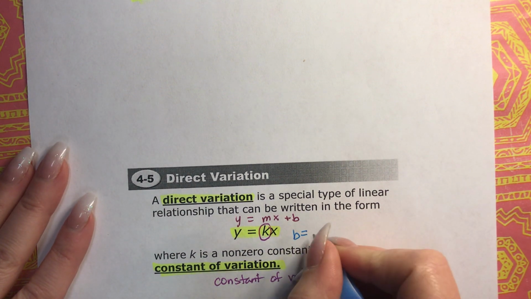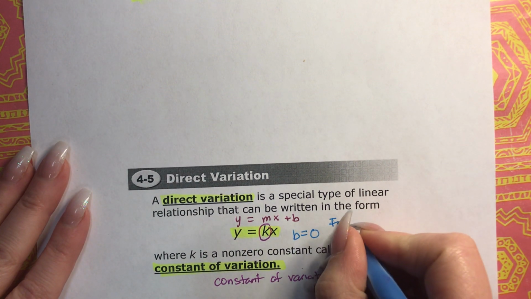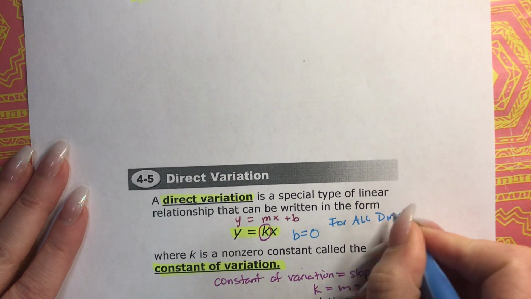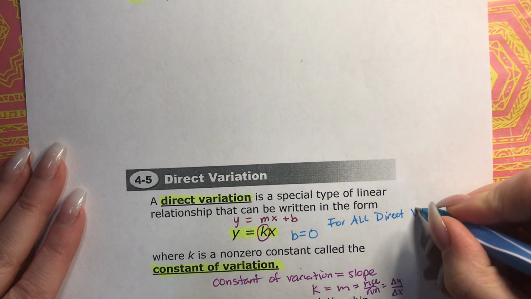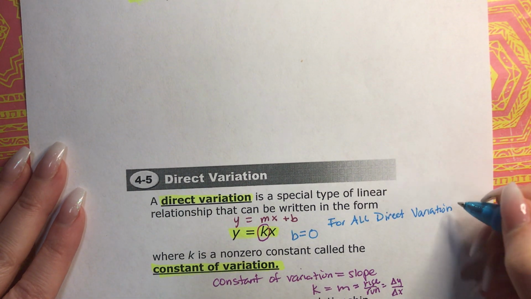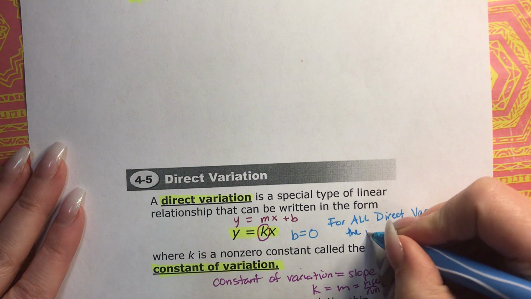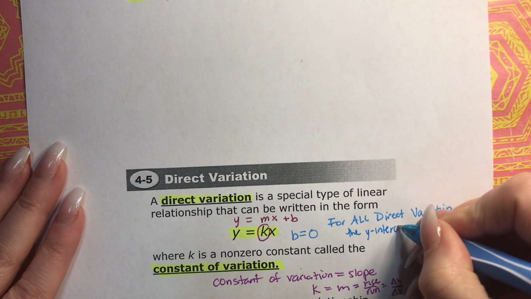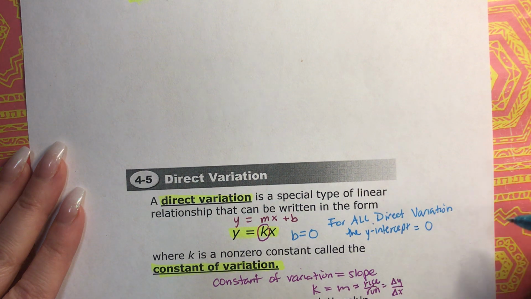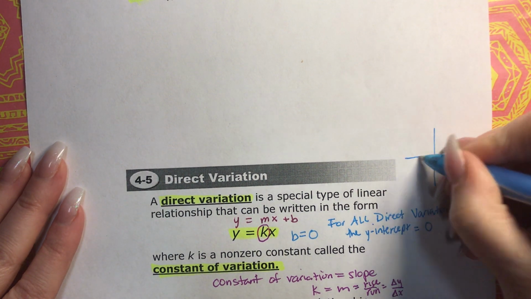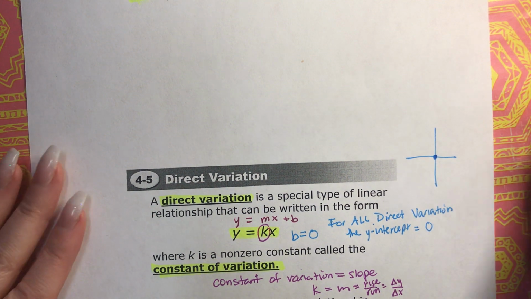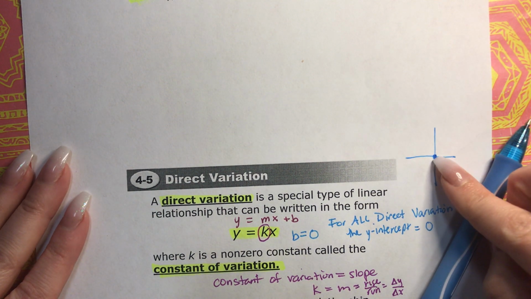This means for all direct variation problems, and this is super key, and one of the reasons why they're special, for all direct variation, the y-intercept is equal to 0. That means that for every direct variation, they always go through the origin.